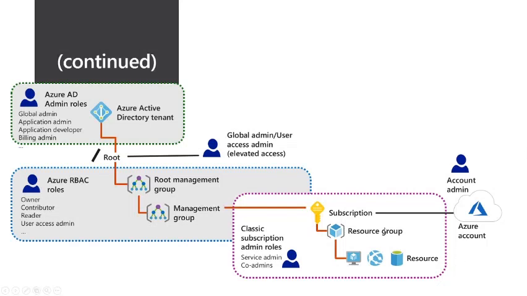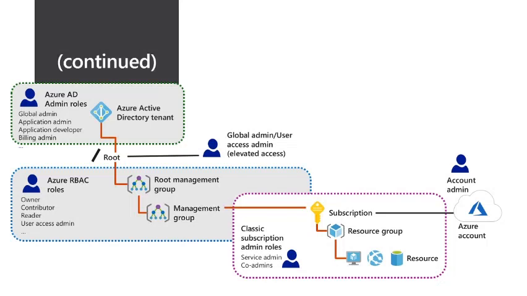So you had the classic subscription administrator roles, which are service admin and co-admins, and then later on Azure added Azure RBAC roles, which has built-in roles and custom roles, and then you have roles based on your Azure Active Directory, which you have automatically.